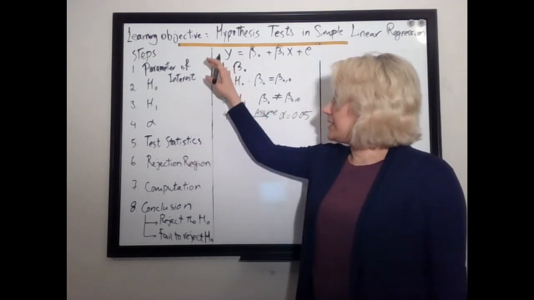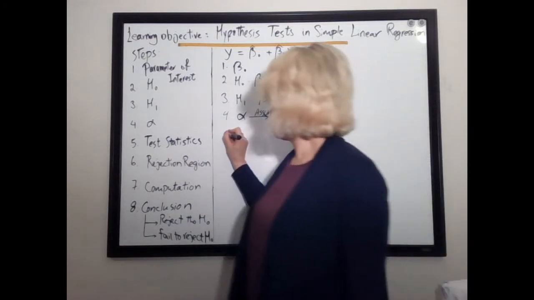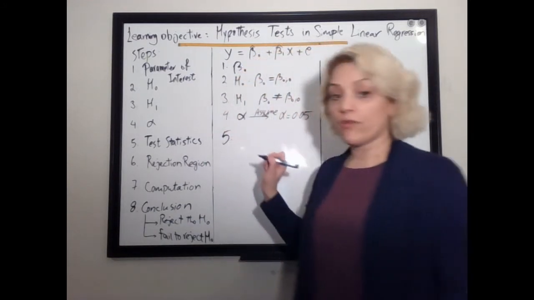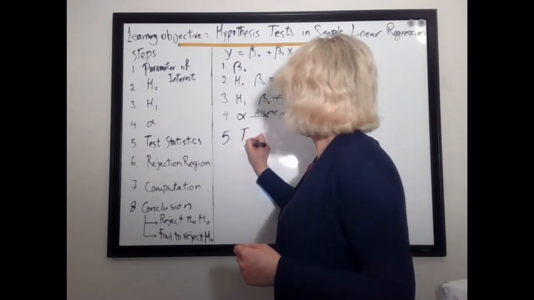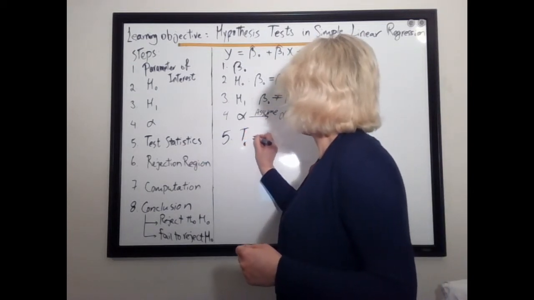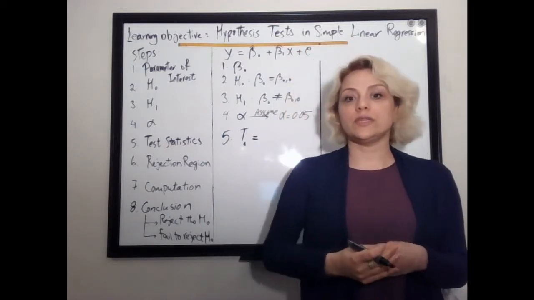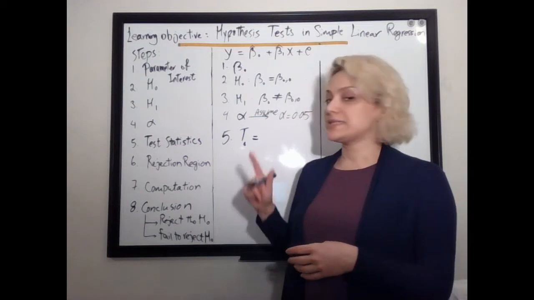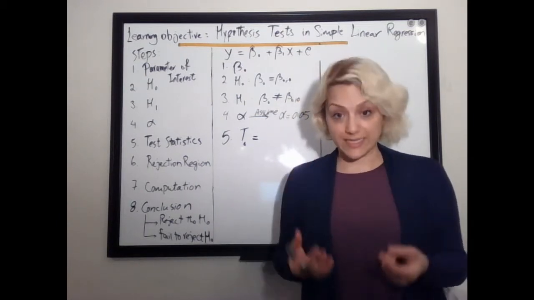For this one, when the parameter of interest is beta null, first of all, we are going to work with the t-table, so it's going to be t null. The general form for the test statistic is the estimate that you have.